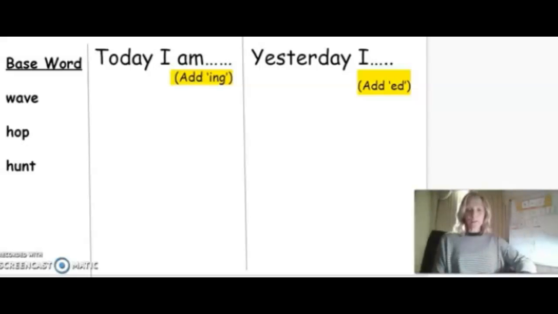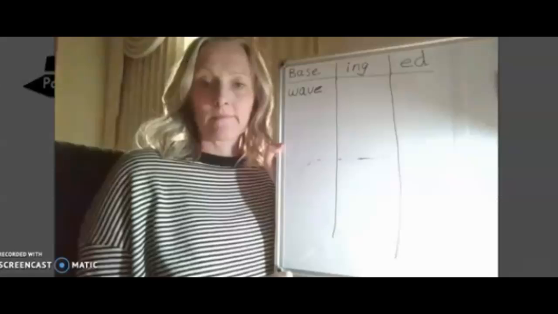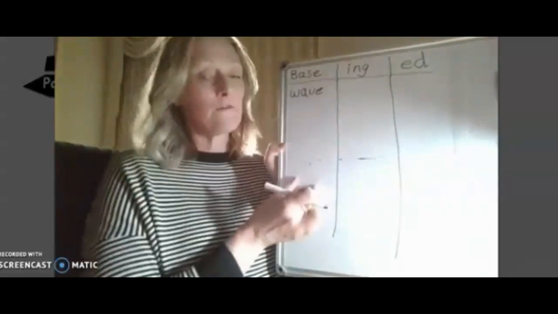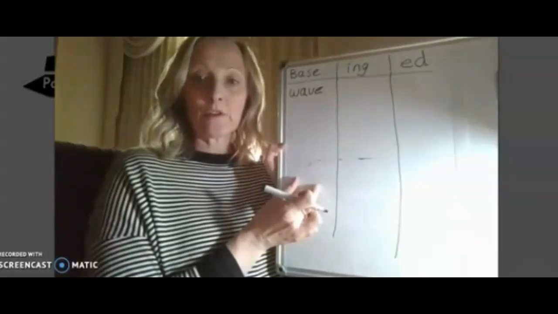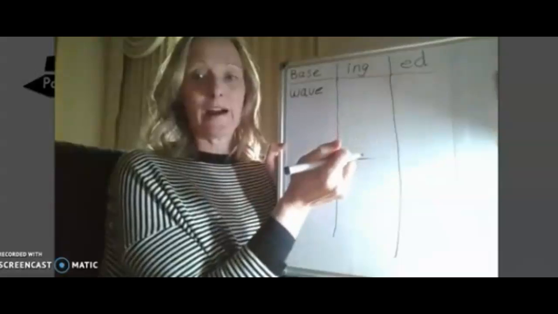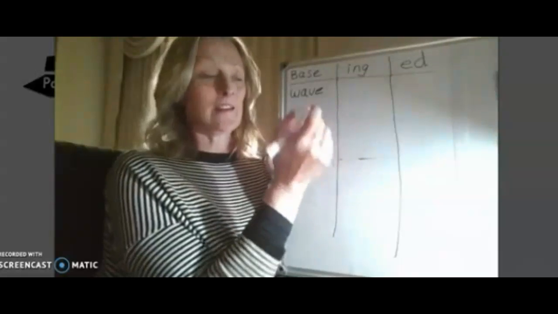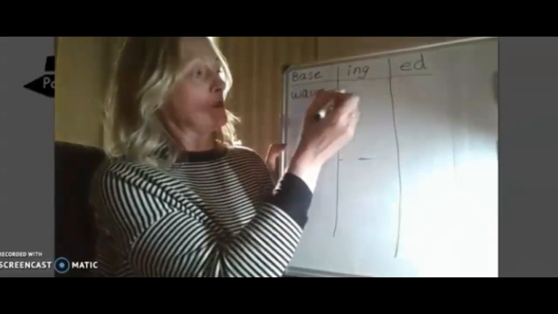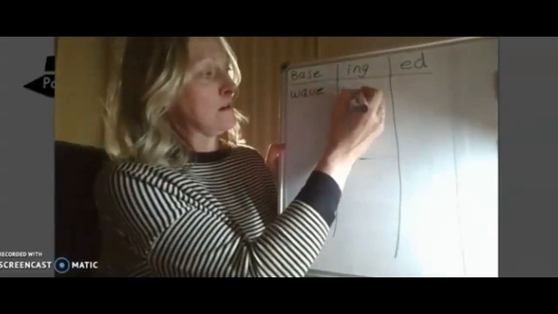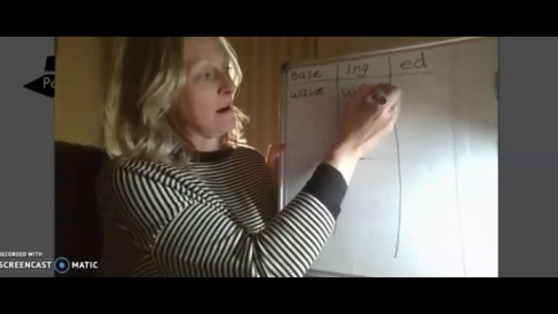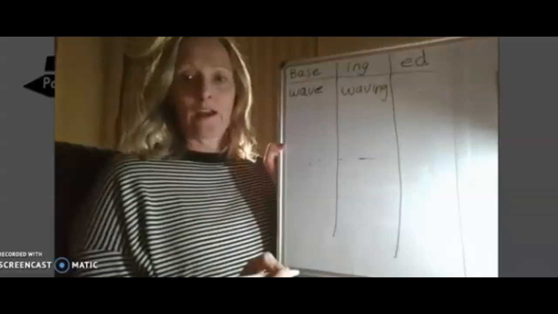So it's going to look a bit like this. When you've ruled up your page, it will have 3 columns, one for where you will write the base word, and then you'll change it into a present tense and a past tense by adding ing and ed. So if we had wave, wave is the base word. I know there's an E on the end, so I need to drop the E, don't write the E, but add ing to get waving.